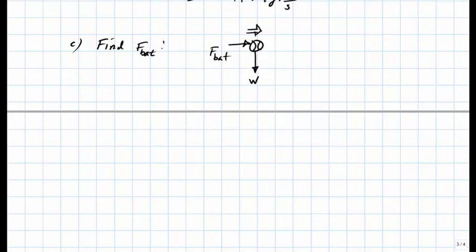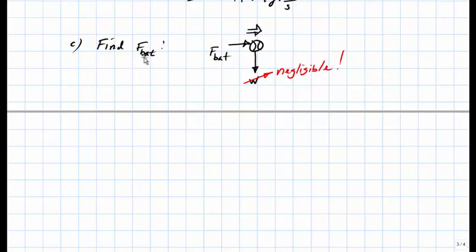And because of that, we can consider the weight to be negligible. And that's generally the case when objects collide. The forces between them are so great that the weight of each object is not generally considered in the calculations of impulse and momentum.